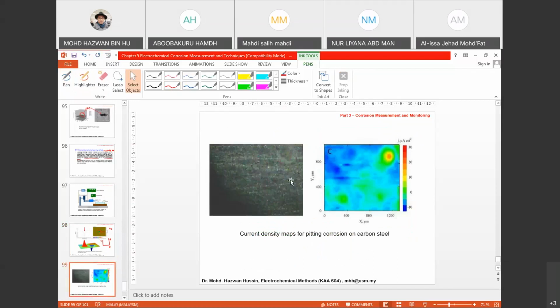This is measured using SEM. You cannot see anything; maybe you notice some abnormalities here. But when you do scanning electrochemical techniques like SVET or SRET, you will notice that this area actually has a higher current density value as compared to the other parts. So it means that over here, it experiences localized corrosion.